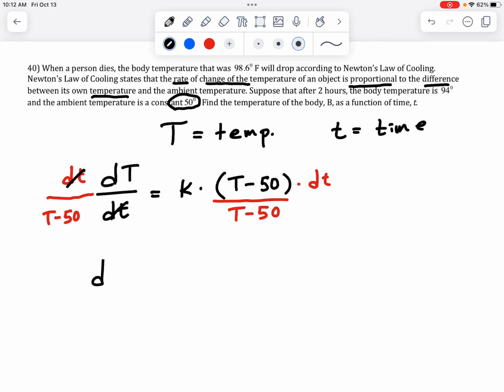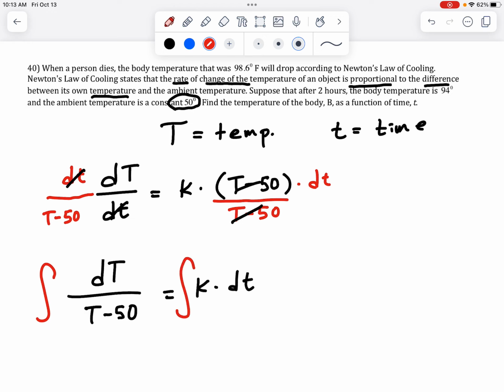There would be dT over T minus 50. And on the right side, there would just be the constant times dt. Now that they're separated, we can integrate both sides. Oops, that was supposed to be a capital T.